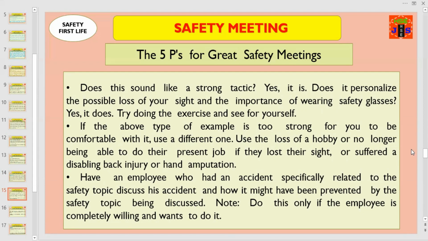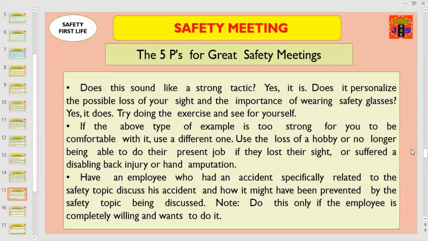If the above type of example is too strong for you to be comfortable with, use a different one. Use the loss of a hobby, or no longer being able to do their present job if they lost their sight or suffered a disabling back injury or hand amputation.